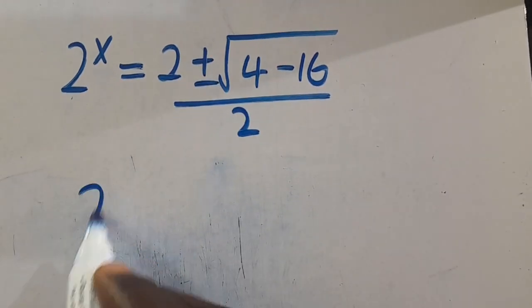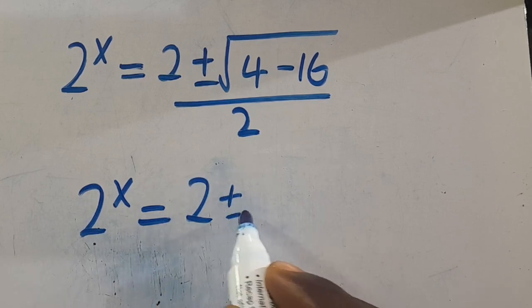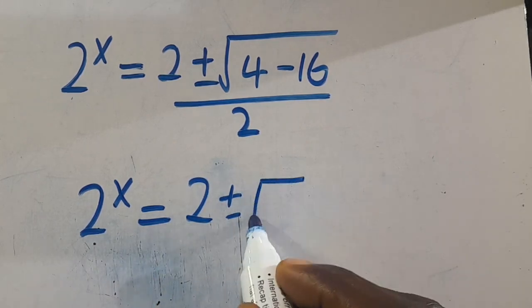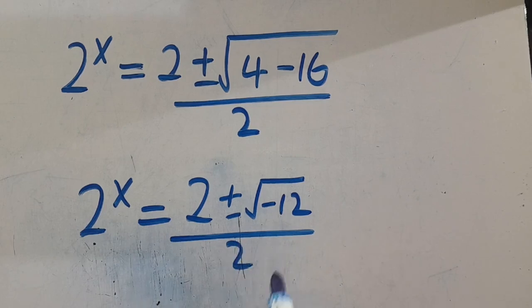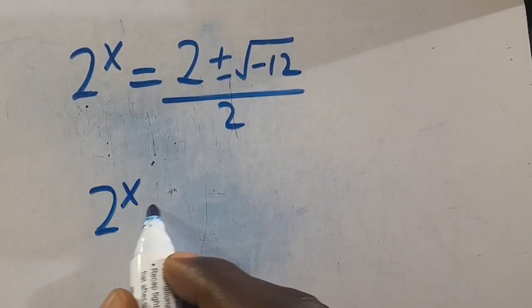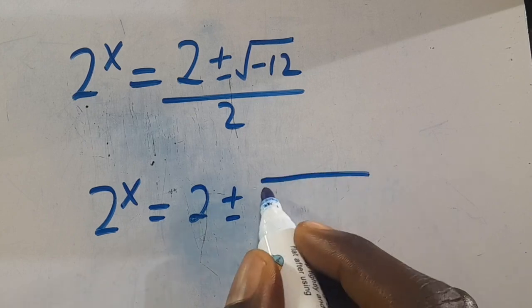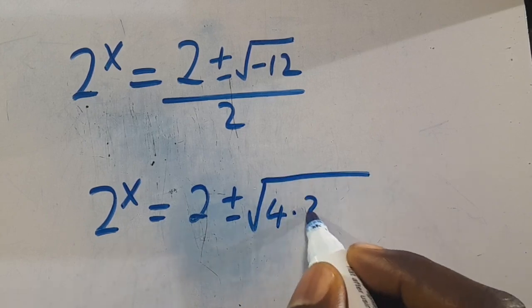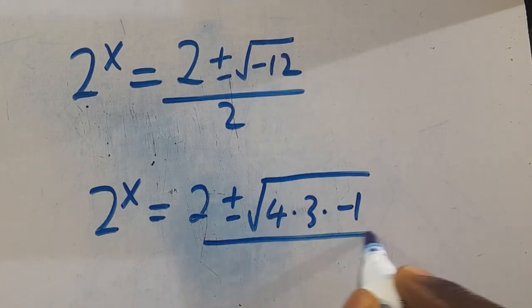So from here we have 2 to the power of x equals 2, positive or negative, root of 4 minus 16 will give us minus 12 divided by 2. So from here we have 2 to the power of x equals 2, positive or negative. We can have this as 4 times 3 times minus 1. It gives us minus 12, all divided by 2.